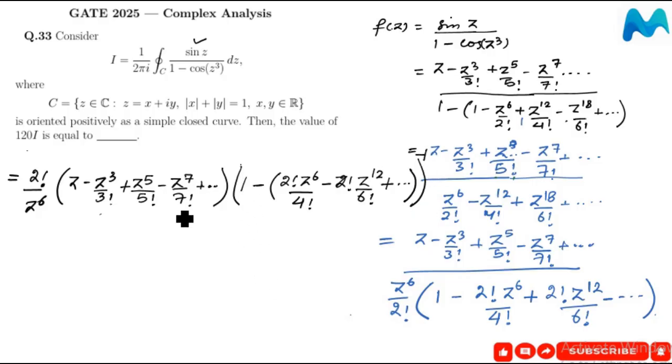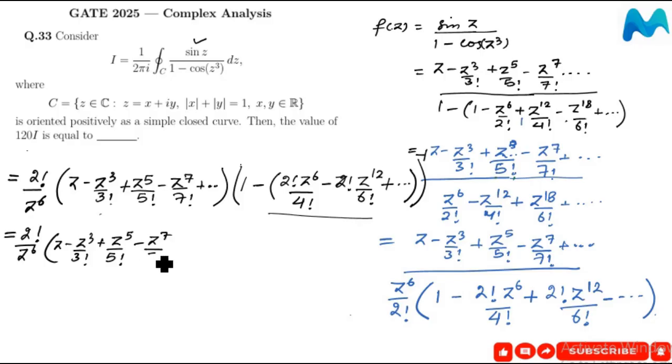I hope you have understood this. So once again, in order to find the coefficient of 1 by z, check the values here. When we solve it by the binomial theorem, the degree will be higher. So we have z^6 times z minus z^3 by 3 factorial plus z^5 by 5 factorial minus z^7 by 7 factorial, and so on.